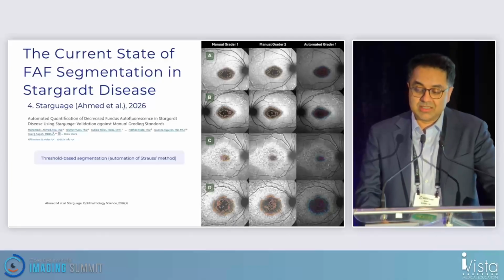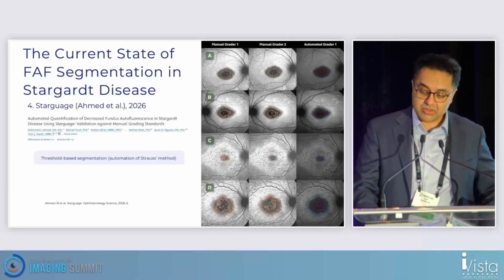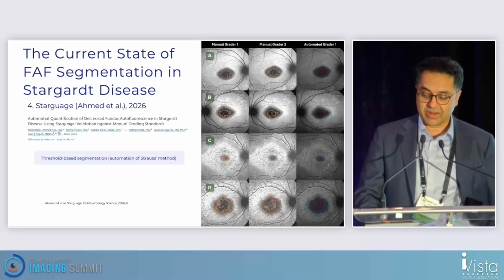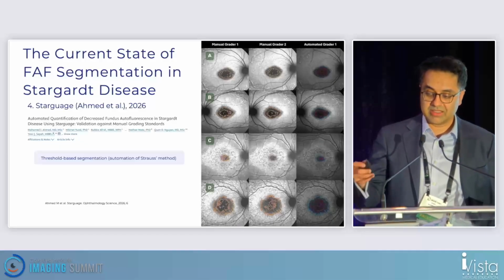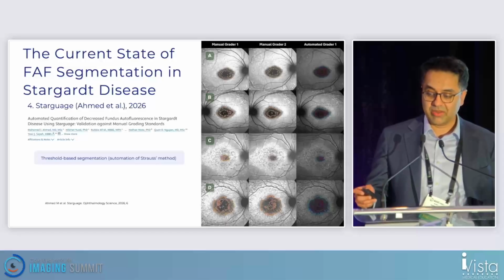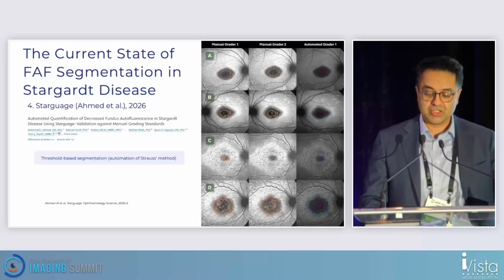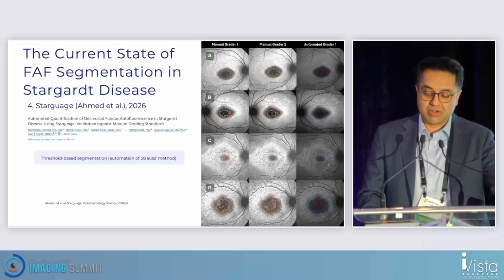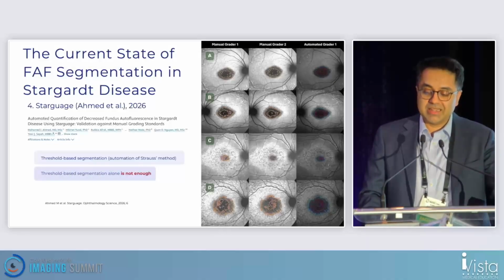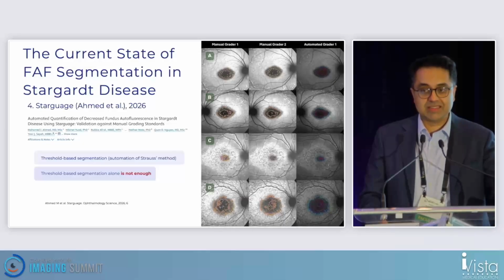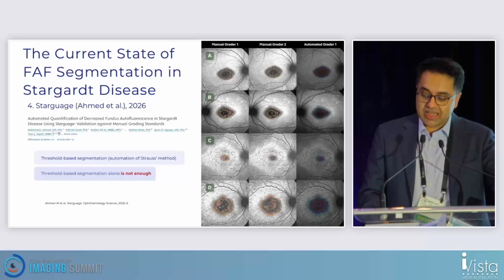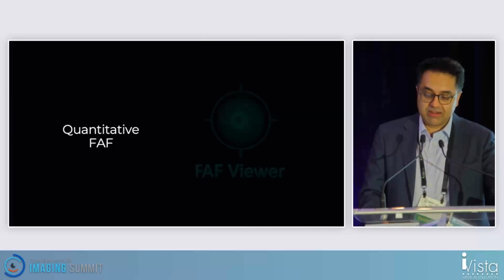This uses predefined thresholds and compares different graders, manually and in the automated tool, using threshold-based segmentation, automating the methods described in the past. But this threshold-based approach isn't enough, because as the brightness of the image changes, the ability to analyze and grade the area changes.